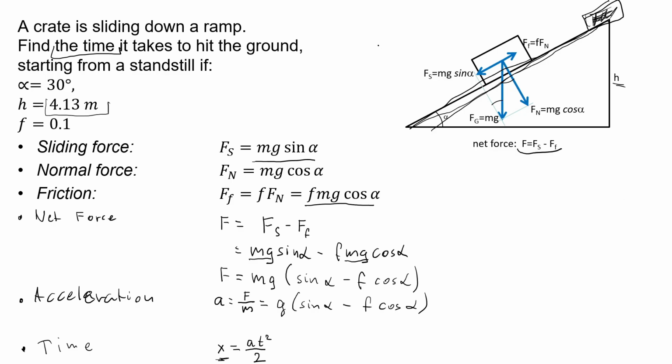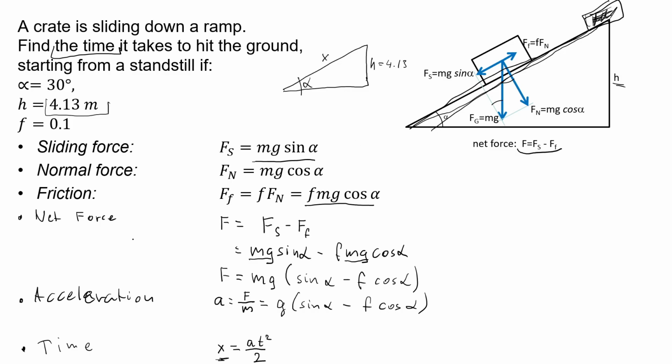So I will redraw this maybe here. We have a nice little triangle with the angle alpha here, known value of h equals 4.13 here, and we need the hypotenuse, because the crate is sliding down along the hypotenuse of this triangle.